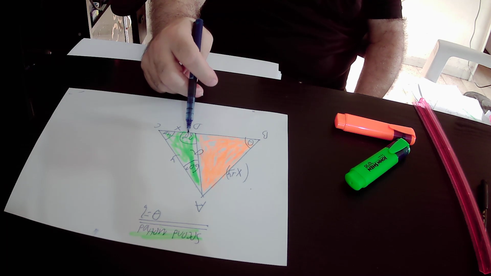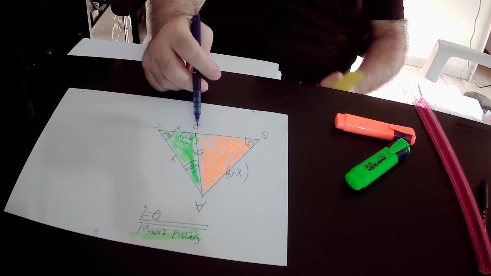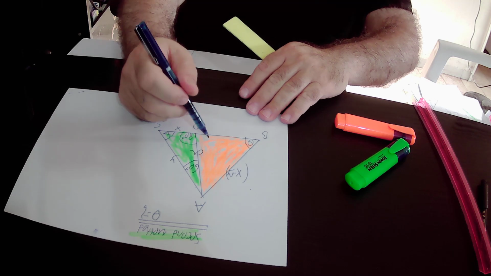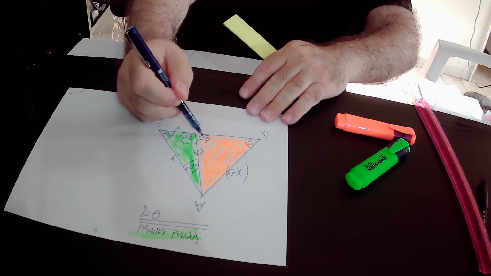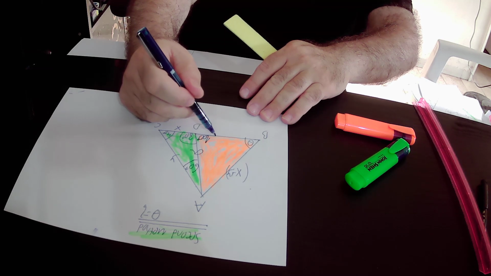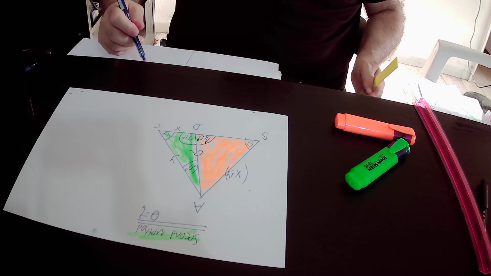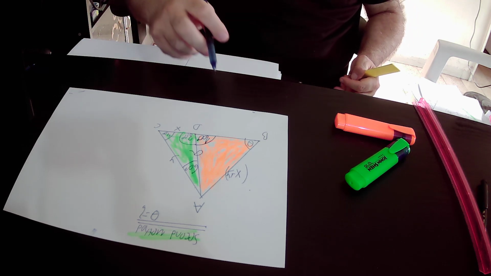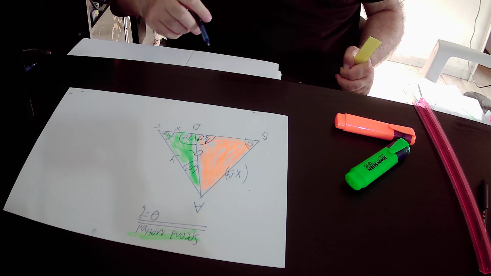This angle equals 80 degrees plus this angle ADB. So 80 degrees plus angle ADB must be equal to 180 degrees. If we subtract 80 degrees from this equation, we get that the missing angle equals 100 degrees. As you can see here, 100 degrees plus 80 degrees is 180 degrees. Okay, and the sum of the angles on one side of a straight line is equal to 180 degrees.